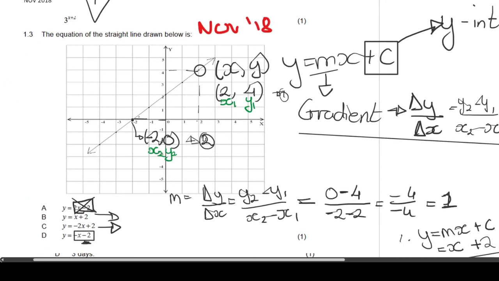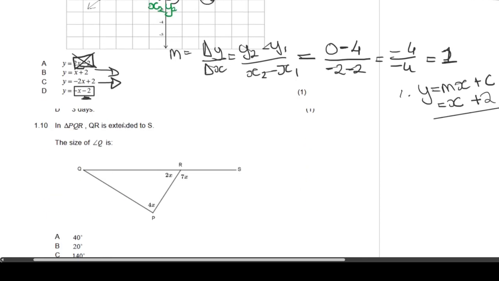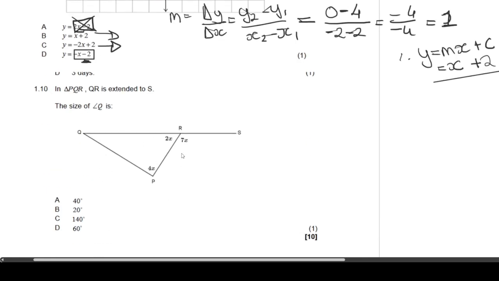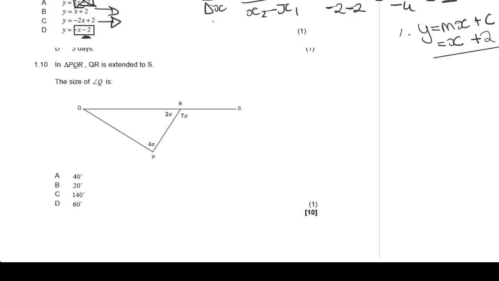This question is more of a geometry question. Also, I've noticed that question 1.3 in 2018 and 2019 was a straight line graph, and question 10 was a geometry question. All right. So in the triangle PQR, they gave us this triangle PQR.